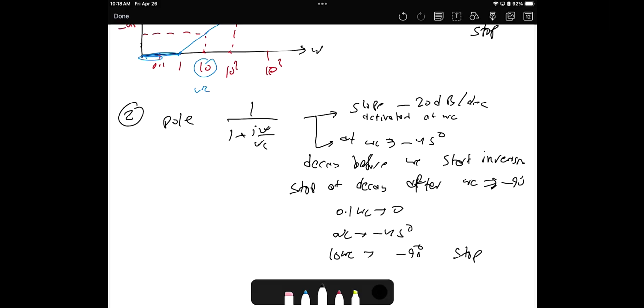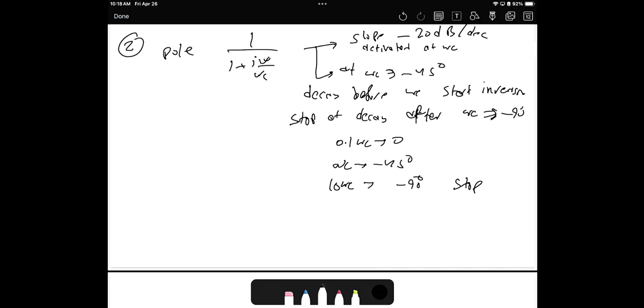Okay? Let's do an example. Assume omega c equals 10, and let's do the plots. Now the plot will be negative. Why is it negative? Because it's a pole. Here is omega, here is the magnitude in dB.